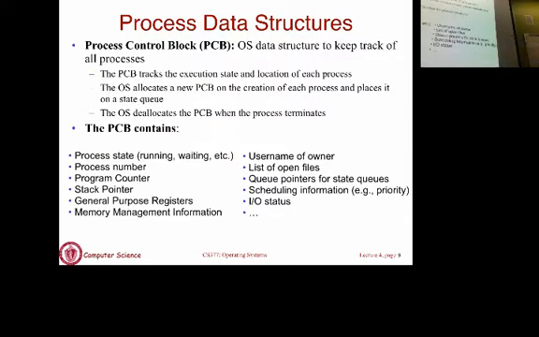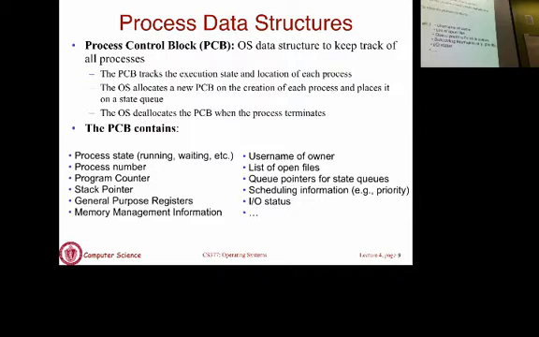You have other information like the owner of the process, and what files are currently open by the process. There will be queues for state queues, and there will be pointers to state queues. I'll show you a picture in a slide or two. Scheduling information tells the kernel what is the priority of the process, what priority level it should be scheduled at, and so on.